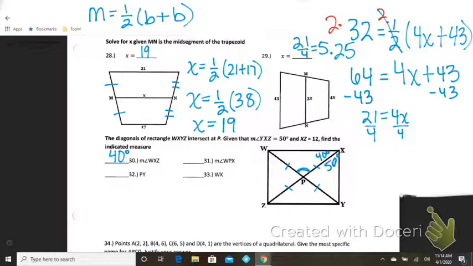Okay, so for example, if, just hypothetically, ZX was 10, that would mean WY is also 10. They bisect each other. Each little piece is equal to 5.